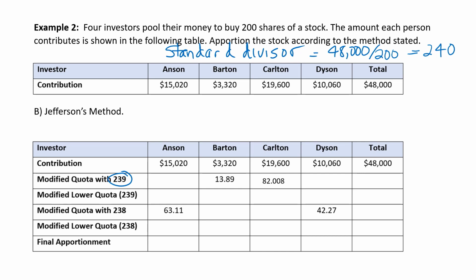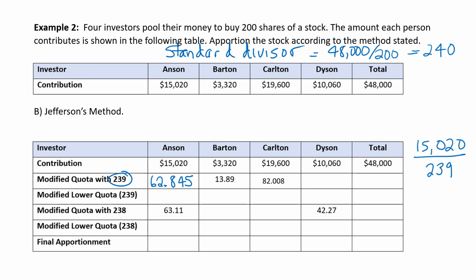So what that means is take, for example, Anson's contribution of $15,020 and divide by 239 instead of the 240 that we did for Hamilton's method. And that quotient is 62.845.